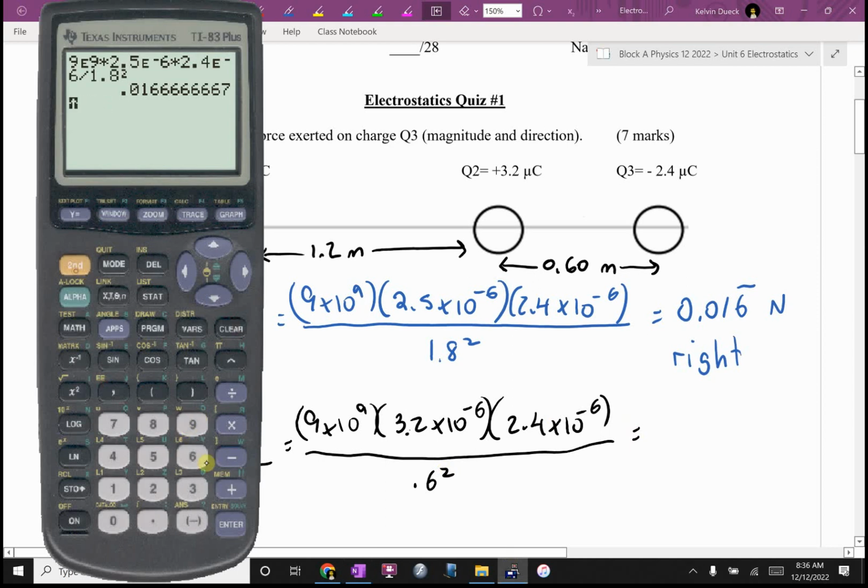Wait a minute, Mr. Dewick, let's be clever. I got most of the numbers right there. I just need to change the 2.5 to a 3.2. That's way less typing. And to a 0.6. Oh, that worked well. Do you get 0.192 for the second one?